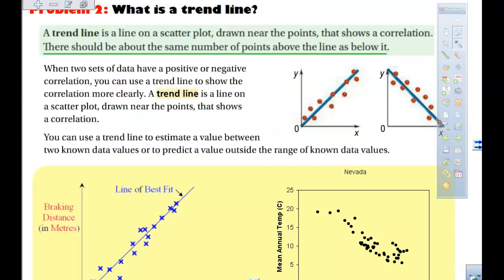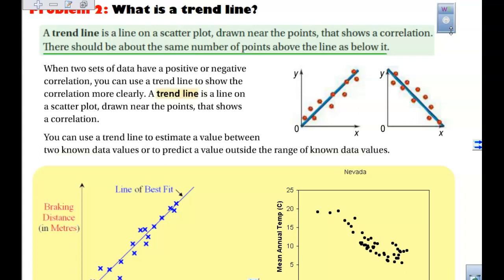So, as you take a look at the next page, it says a trend line is a line on a scatter plot that is drawn near the points. Put those rulers down, please. That shows correlation. There should be about the same number of points above the line as below it.